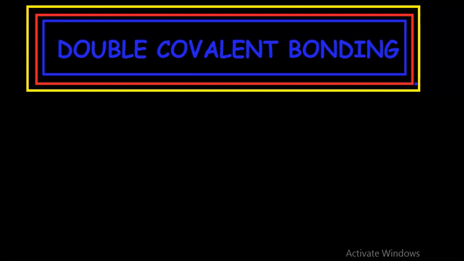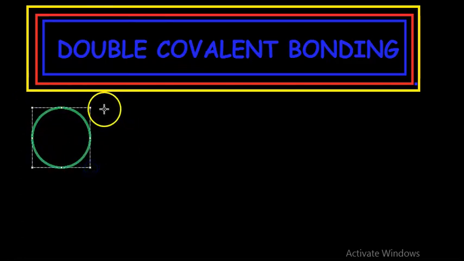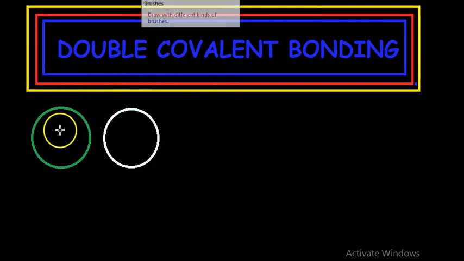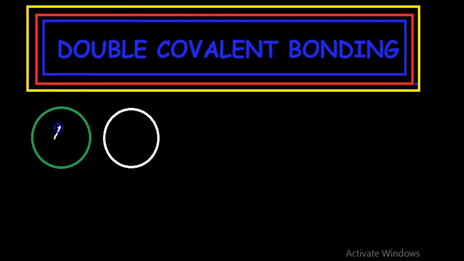Let's take an example. Let's say we have atom A and here we have atom B. In this case, atom A has 6 valence electrons and atom B also has 6 valence electrons. Let's put the numbers of electrons and see.